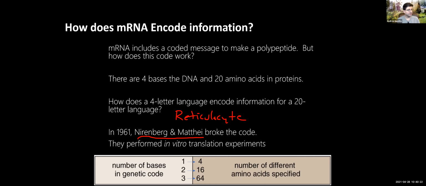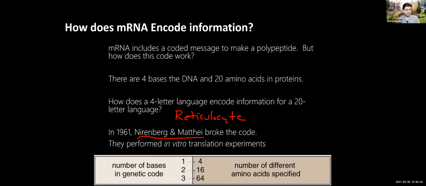It's a protein factory. It's got lots of rough ER. That's why I call it a reticulocyte, reticulum, endoplasmic reticulum. It's got lots of rough ER, lots of ribosomes, lots of amino acids, lots of tRNAs. All you have to do is lyse the cells and then add your own artificial RNA. And it will make your amino acids.